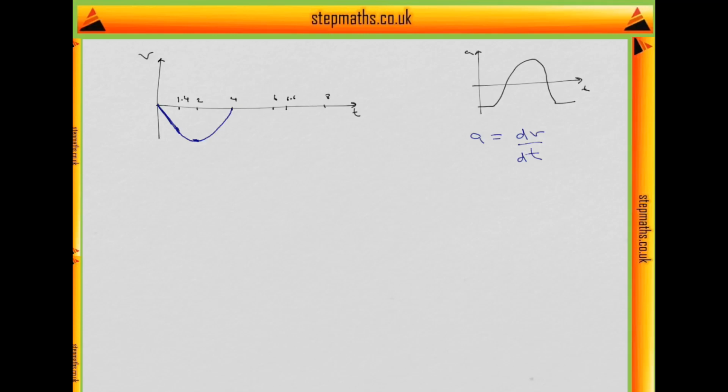So it's going to come up like this, and have a stationary point at 6 seconds. And then it's going to, as before, have a negative gradient in this section, and then a straight period. So have a negative gradient up to 6.6, and then continue linearly down from 6.6 to 8. So that is our velocity versus time graph.